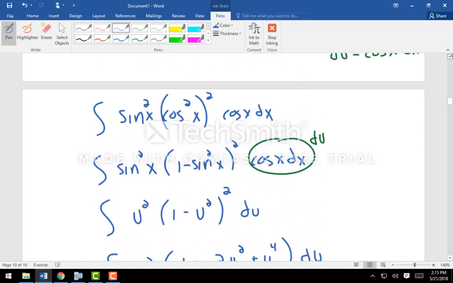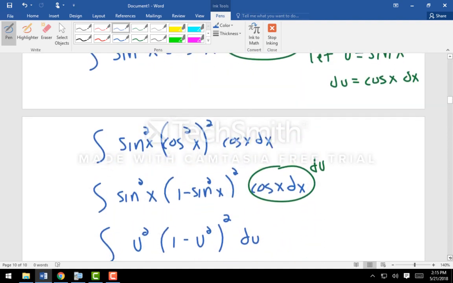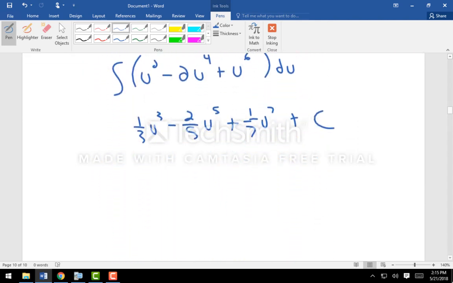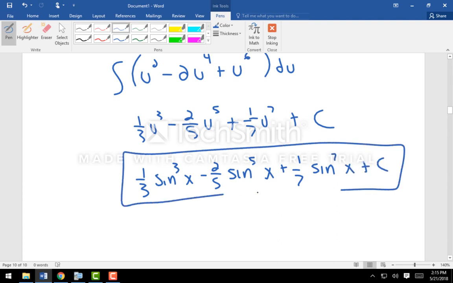Yes, we let u equal sine up here. So I just want to make sure I'm plugging back in the right term. So I have 1/3 sine cubed of x minus 2/5 sine to the fifth of x plus 1/7 sine to the seventh of x plus C. So there is our final answer.